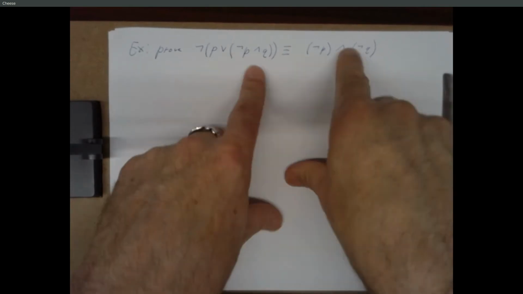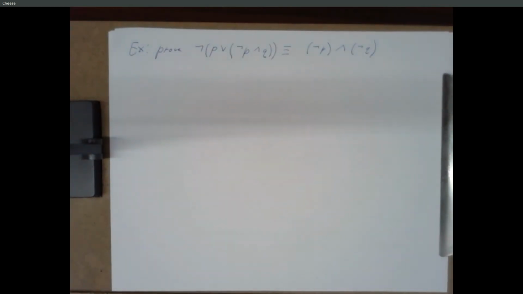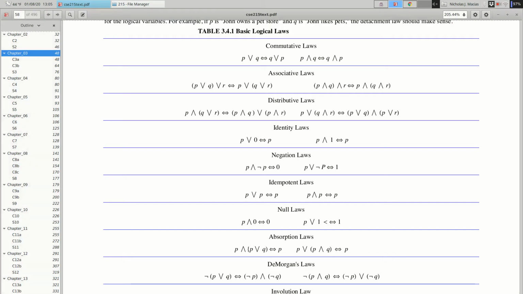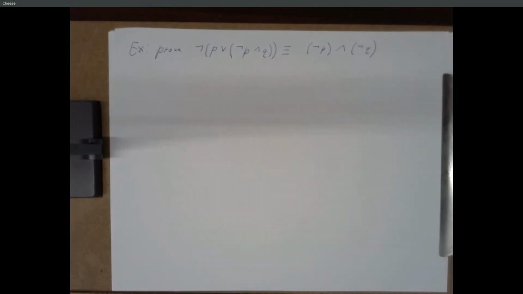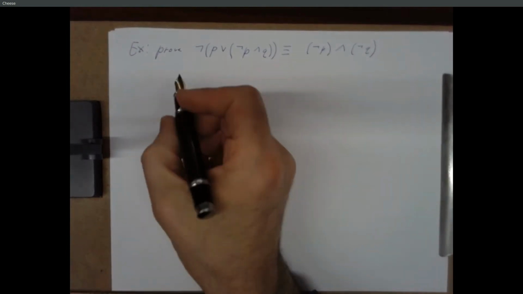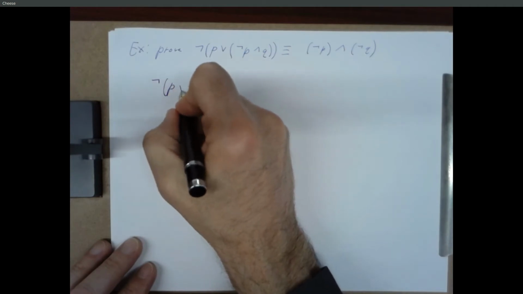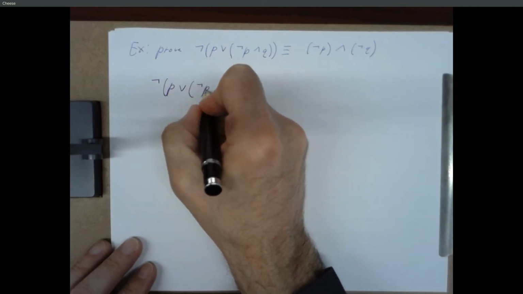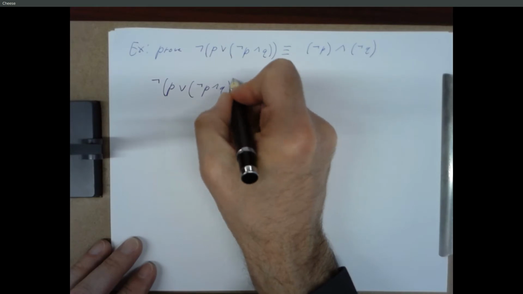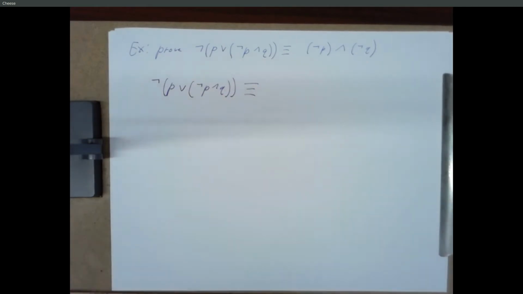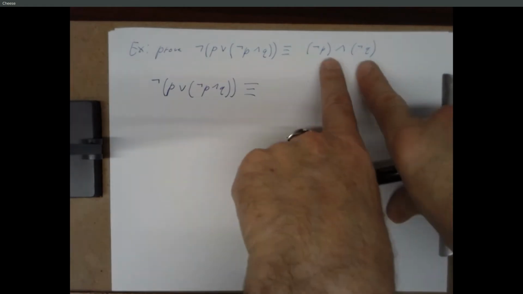So we can't start doing things to both sides, but we can start with one side and we can modify it using these kinds of logical laws. Okay, well, let me just rewrite the left side. And I want to show it's logically equivalent to something else, hopefully something simpler, because I'm trying to get it into a really simple form.